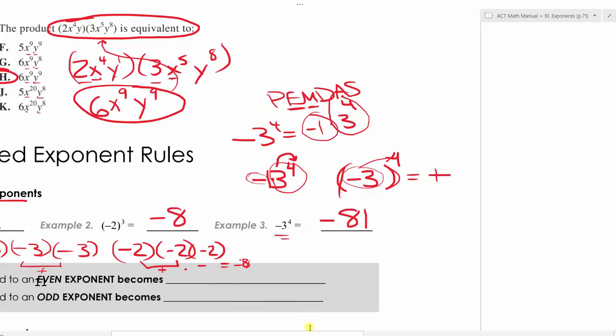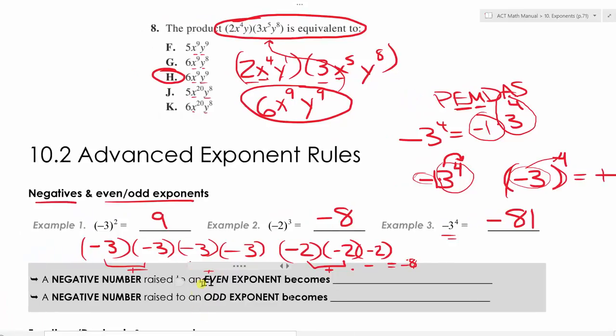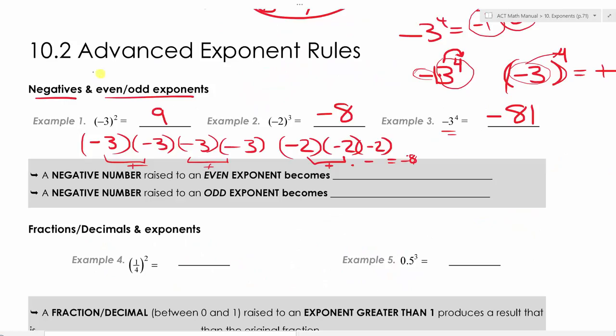So these two rules down below these examples illustrate what happens when you're doing examples like examples 1 and 2, in other words, when the negative is in parentheses. A negative number raised to an even exponent becomes positive, and a negative number raised to an odd exponent stays negative.